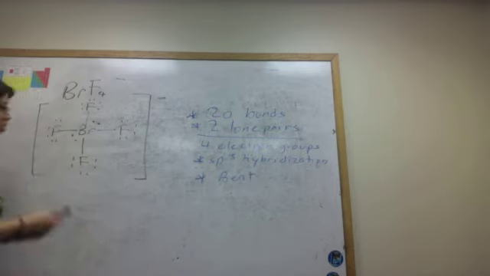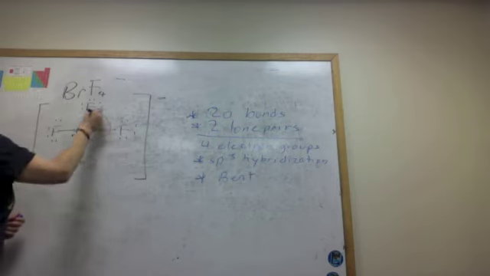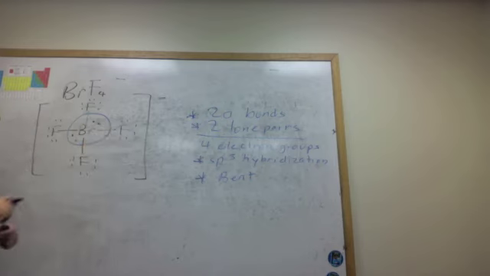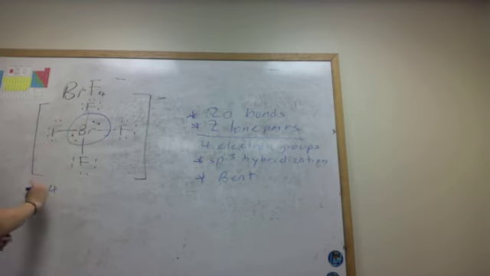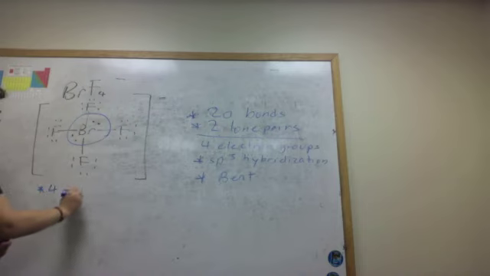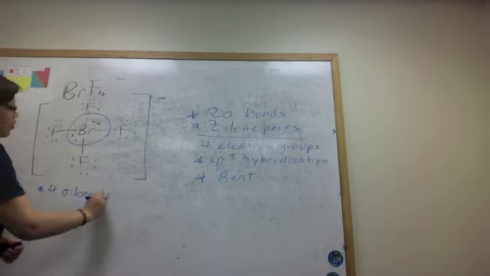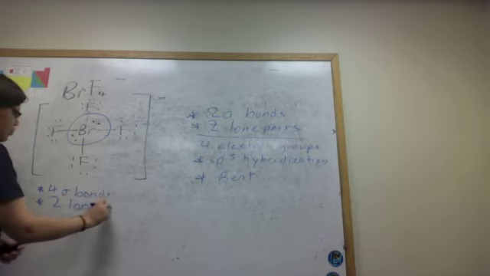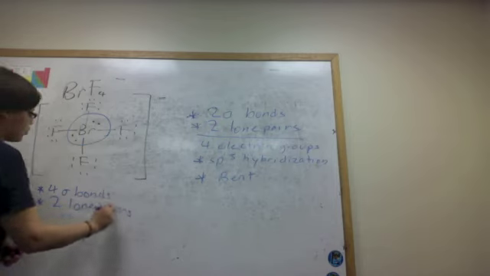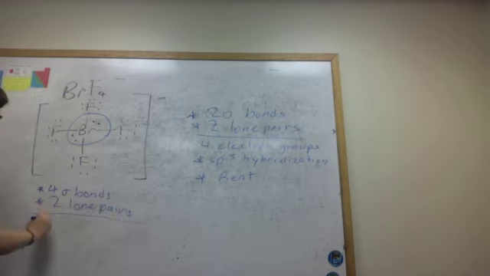Again, we are only interested in the bromine since it's the only atom in this molecule that forms two or more bonds. Bromine is forming 4 sigma bonds in this molecule. And it has 2 lone pairs. A total of 6 electron groups.